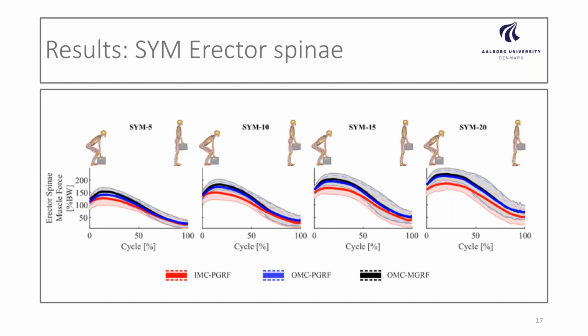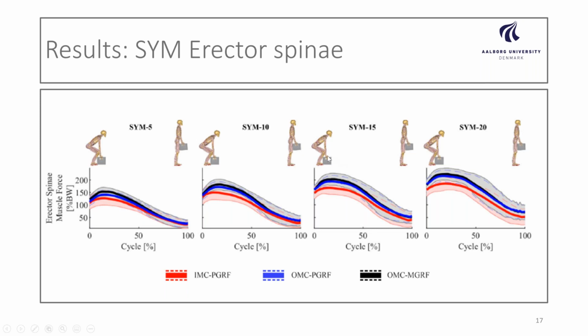And here we see kind of the same problem as we saw with the anterior posterior shear forces, because here again, when we just visually inspect the figures, and also when we look at the statistical numbers, we can see that the agreement between the inertial motion capture model and also the optical motion capture model with measured ground reaction forces, the errors tend to get higher with the increments of weight.